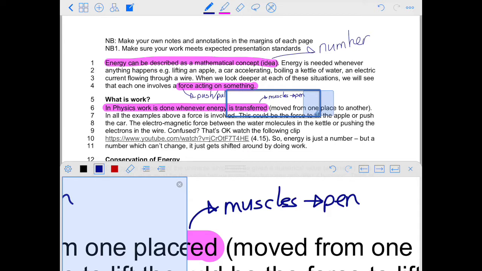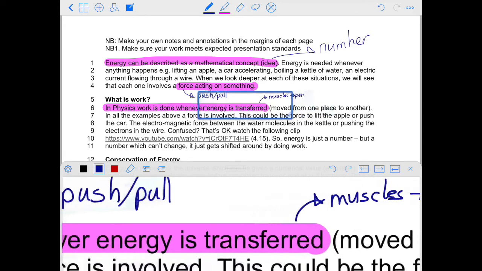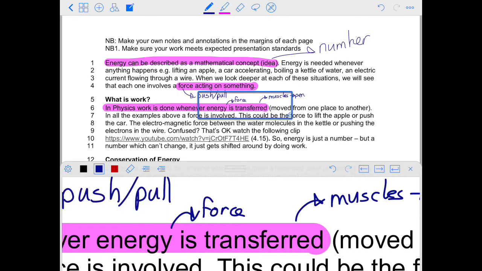It could be the engine running in your parents' car to make that car move. Whenever that energy is transferred. And remember, energy requires a force. So that energy is something moving due to a force. Whenever that energy is transferred, gone from one place or one form to another, we call that work.